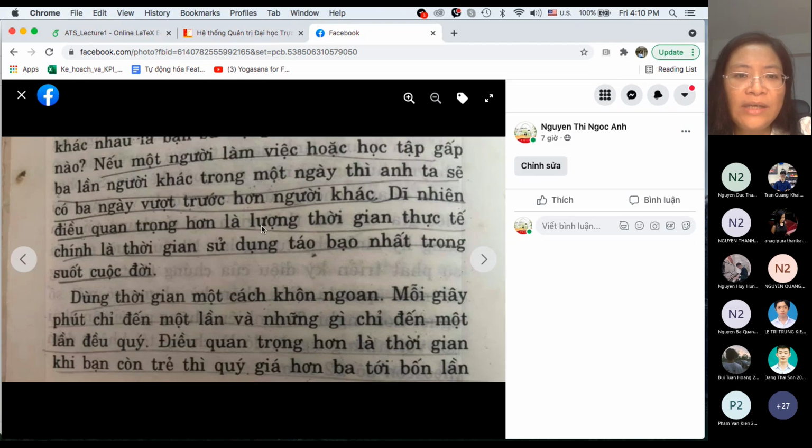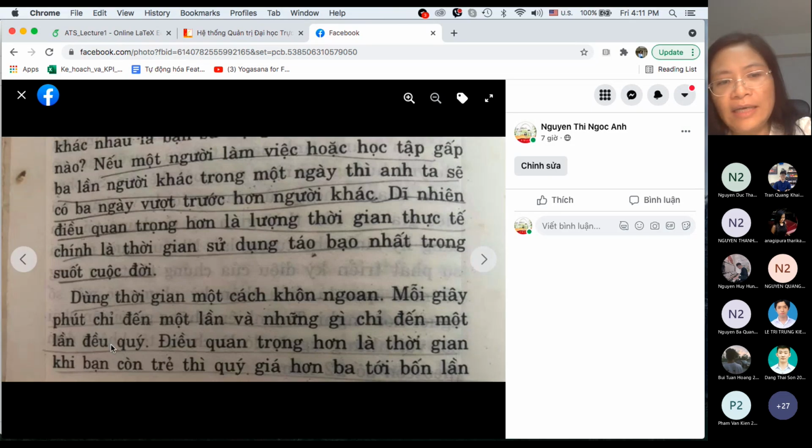The most important thing is the time in real life, in our life. When you use time smartly, each second and each minute passes only one time, and everything you get in that time is valued.